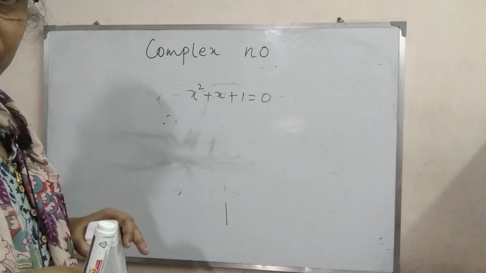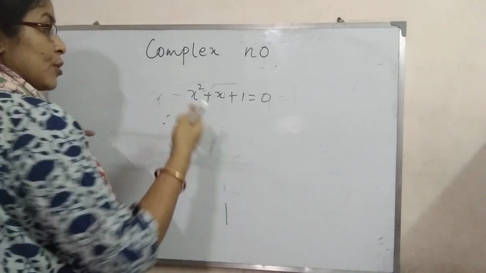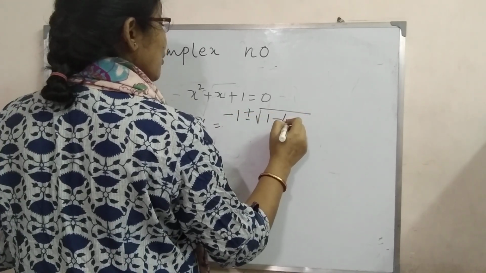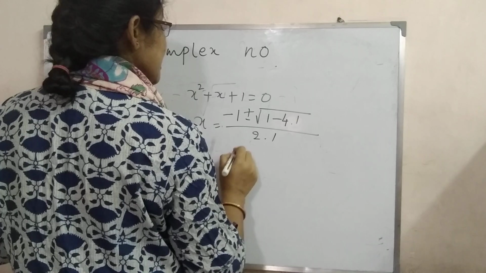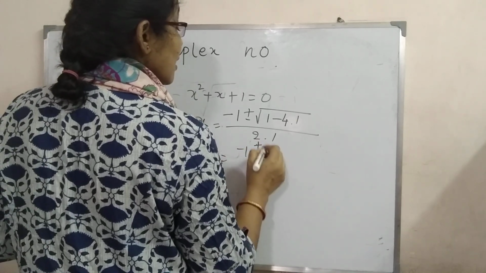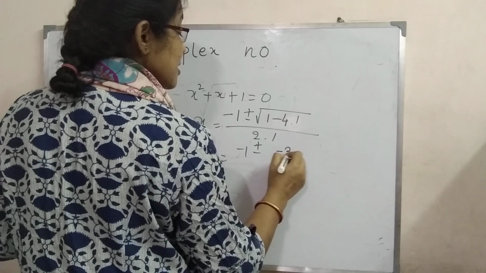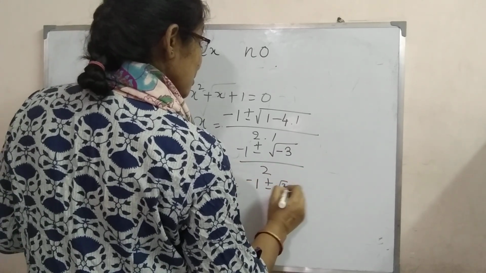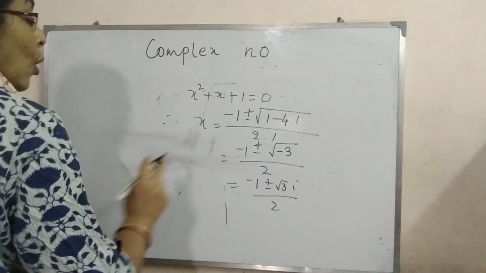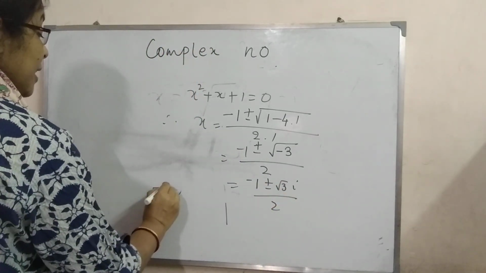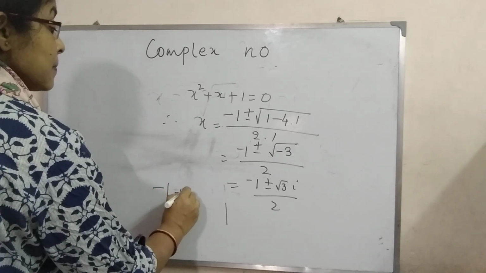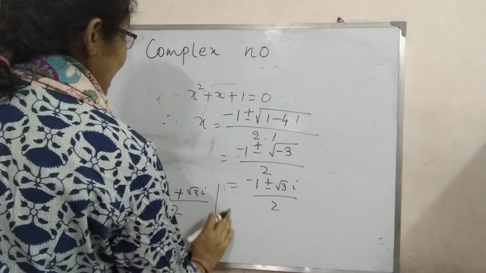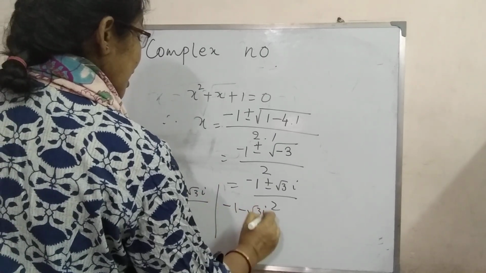By using the formula, I will get two roots of x: minus 1 plus minus root of 1 minus 4, that is minus 3, by 2, equal to minus 1 plus minus root 3i by 2. One value of x is minus 1 plus root 3i by 2, and another value is minus 1 minus root 3i by 2.